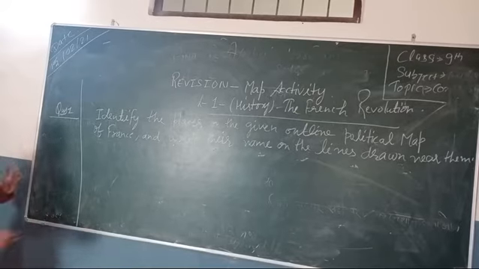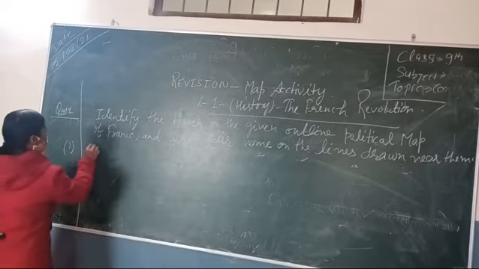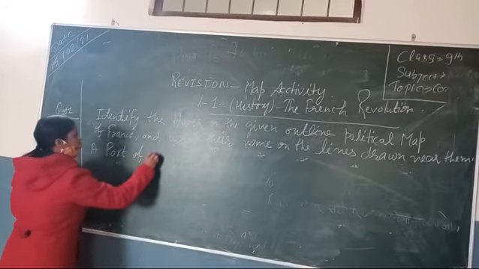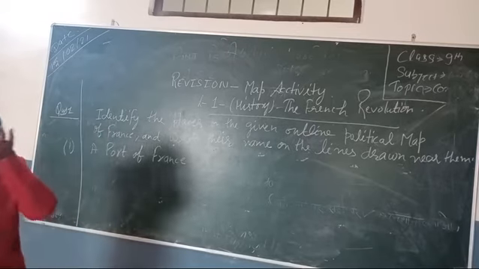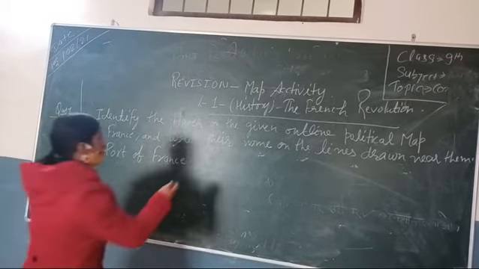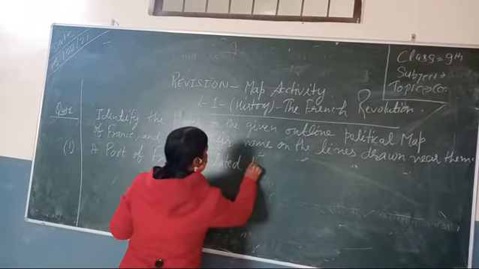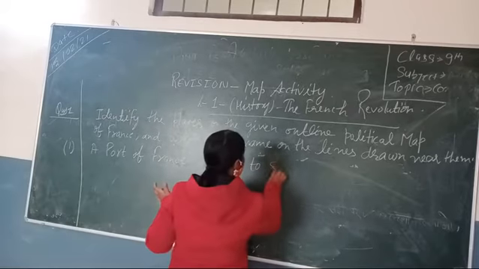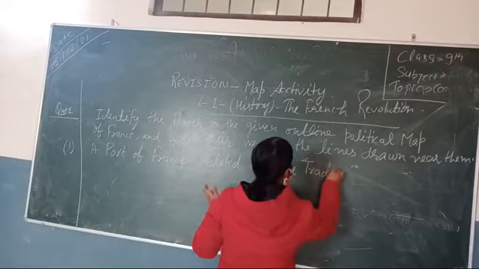Okay. The first is: write down a port of France related to slave trade. It has been given to you.